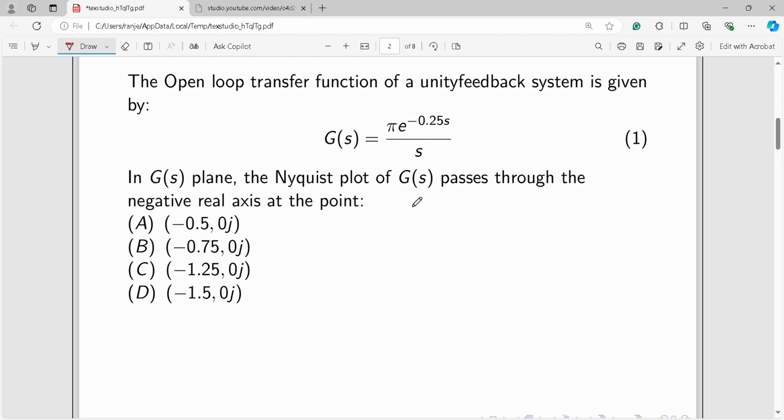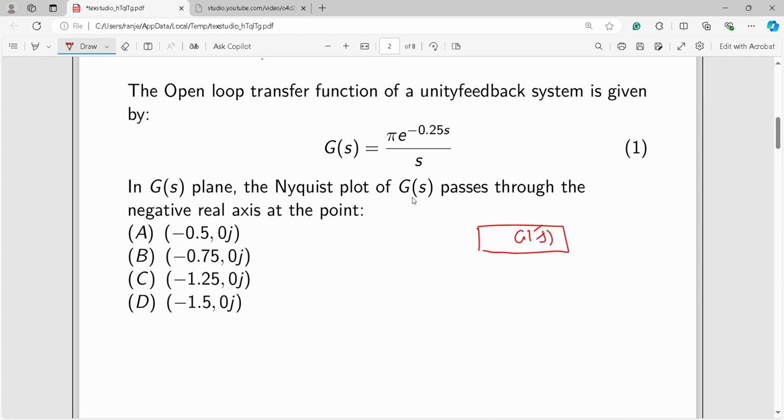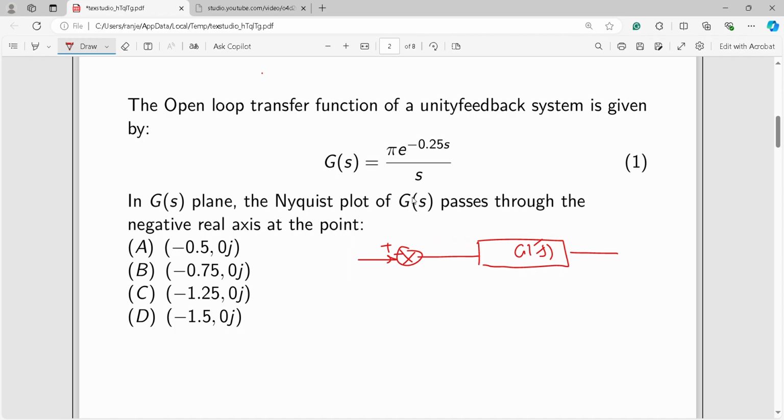So basically, if you extend this question in our block diagram, G(s), this is plus minus, and they are telling that this is a unity feedback system, so H(s) should be 1.